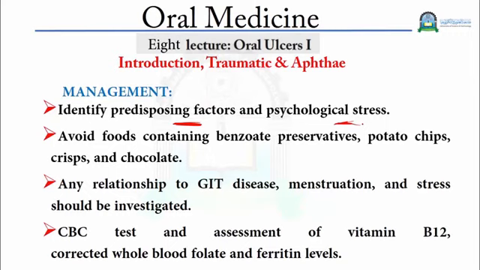Avoid foods containing benzoate preservatives, as well as potato chips and chocolates. Any relationship with gastrointestinal tract diseases, menstruation, and stress should also be investigated to rule out the etiologies and other systemic underlying causes.